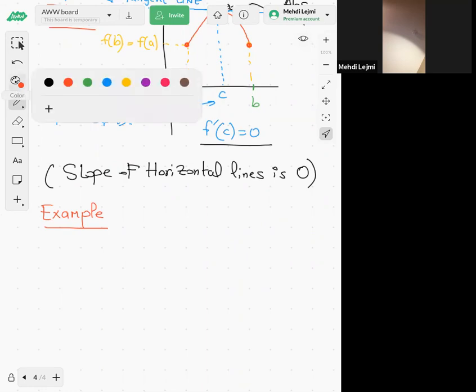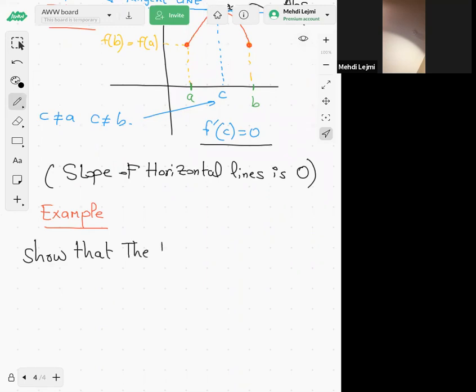For example, let's say you want to prove or show that the equation 2x minus 1 minus sine of x equal to 0 has at most one solution.